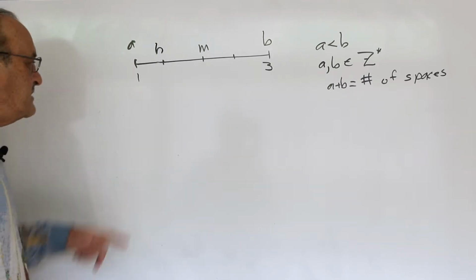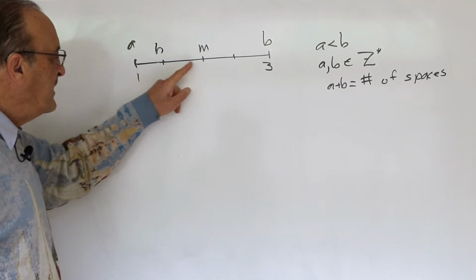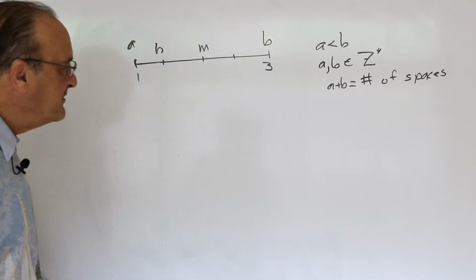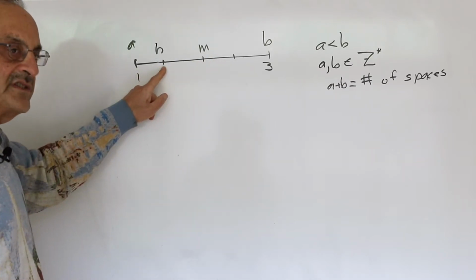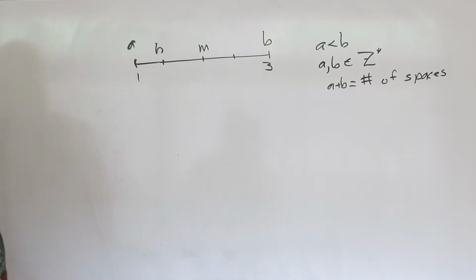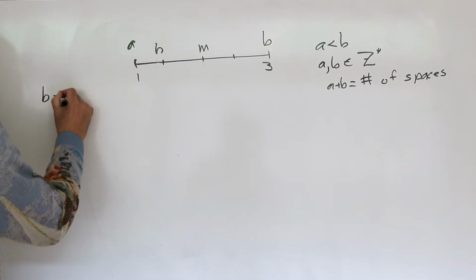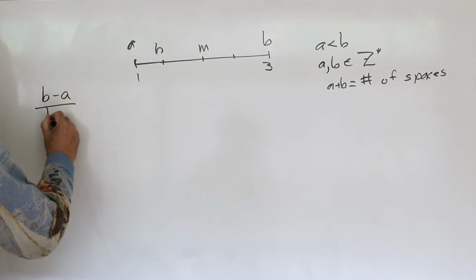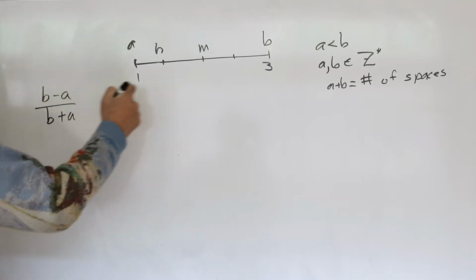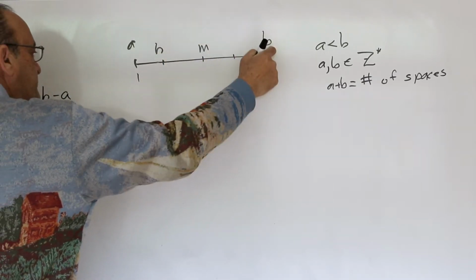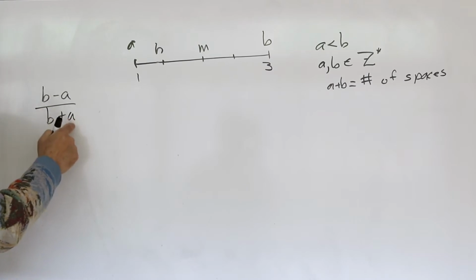So now to find the values of these other points on the number line, first you find how long each space is. And you do that by doing b minus a over b plus a. B minus a is how far it is from A to B, and B plus A is the number of spaces.